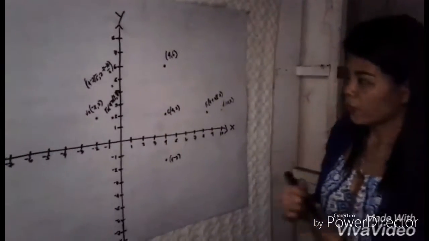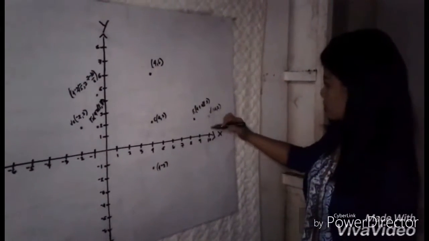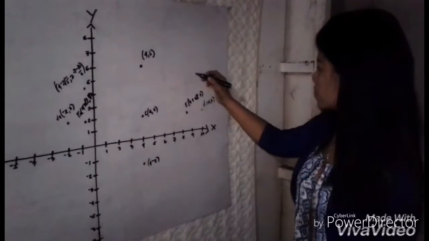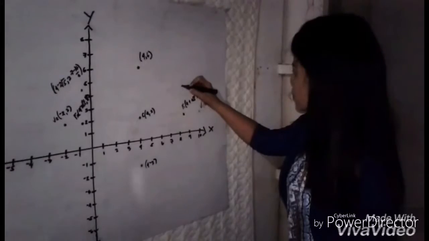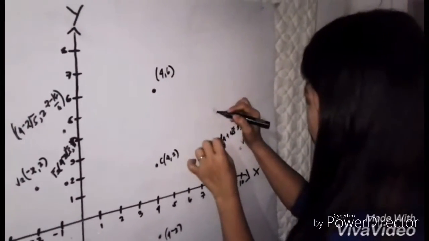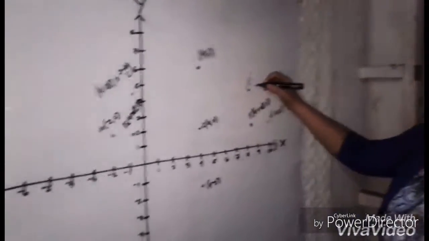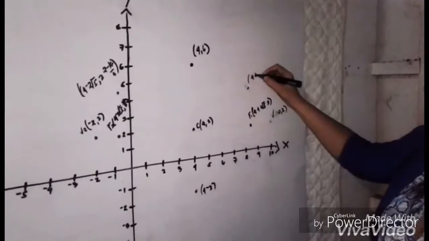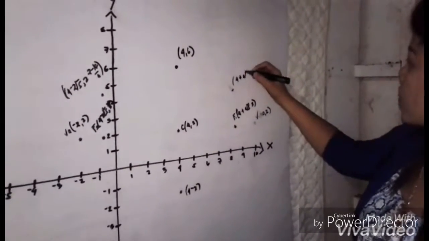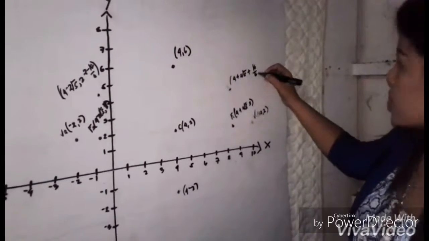The second endpoint of LR is here, (4 plus 2 square root of 5, 2 plus 16 over 6). The third endpoint is here, (4 minus 2 square root of 5, 2 minus 16 over 6).